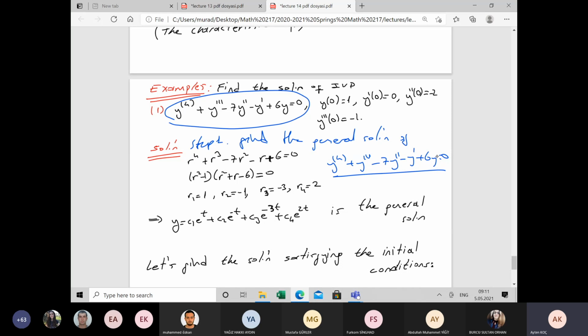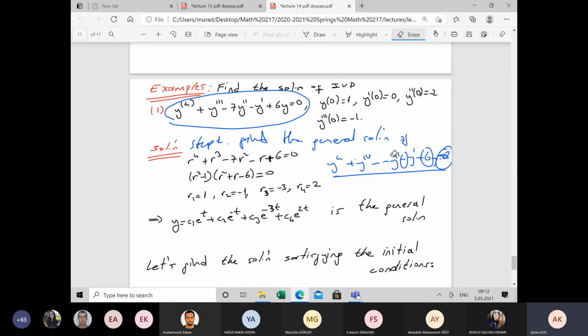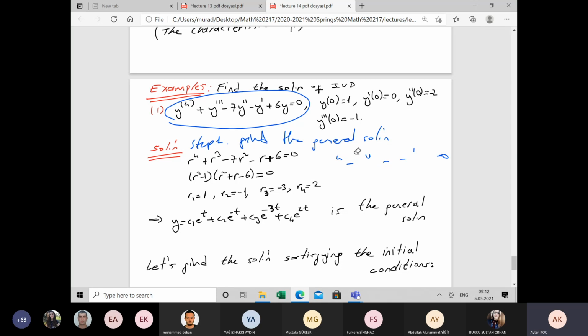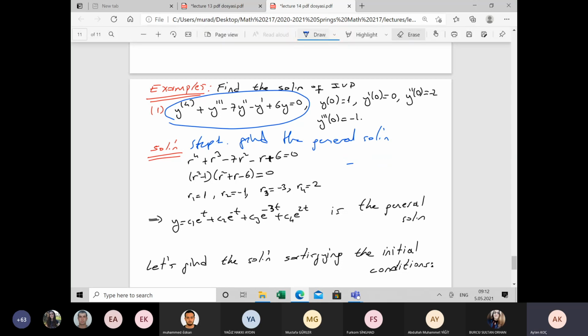This one is homogeneous and linear, and look at the coefficients 1, 1, minus 7, minus 1, 6: they are constants. So we write the corresponding characteristic equation.